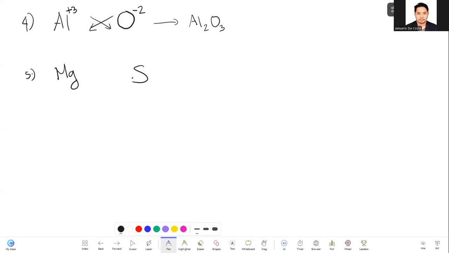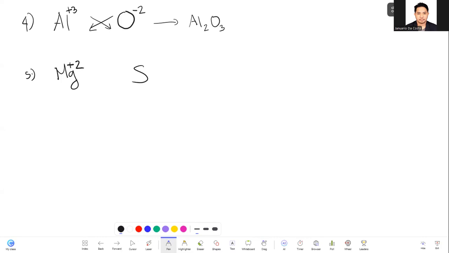Magnesium is in which group? 2A. Its valence electrons? 2. It's a metal, a cation, so it is positive 2. Now look at sulfur.